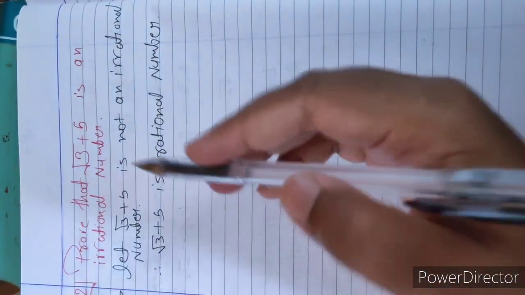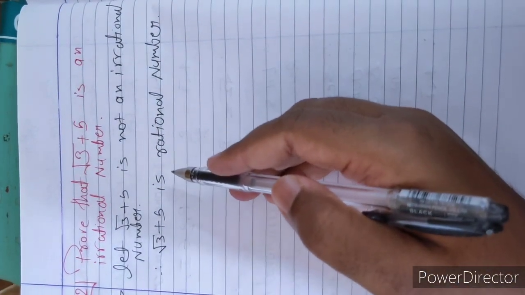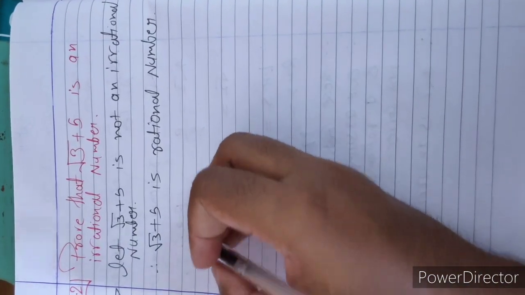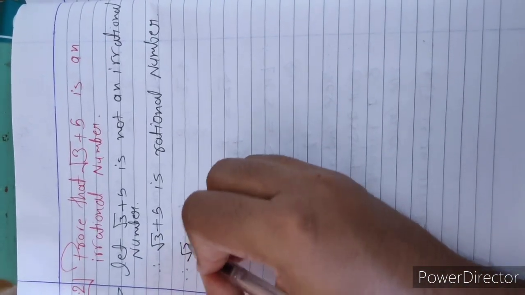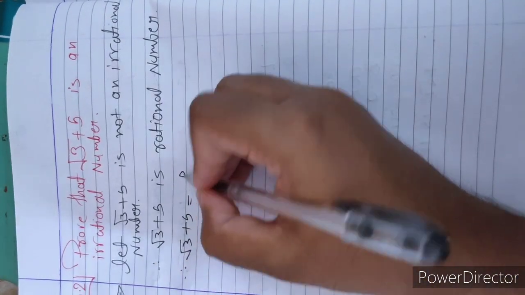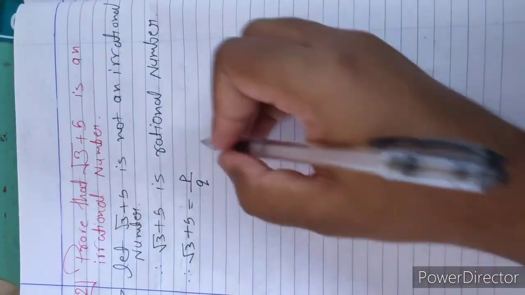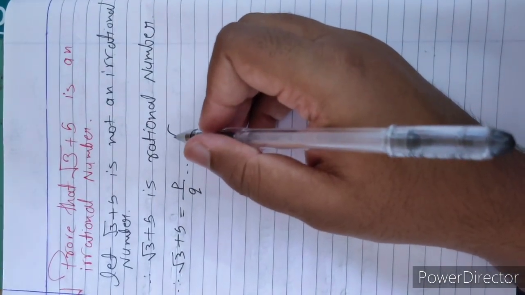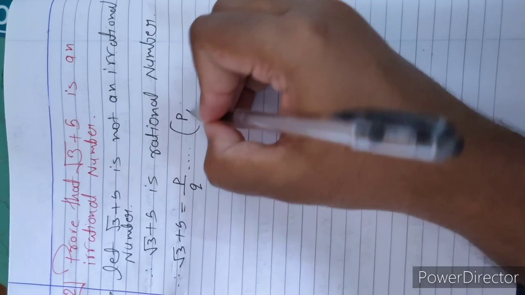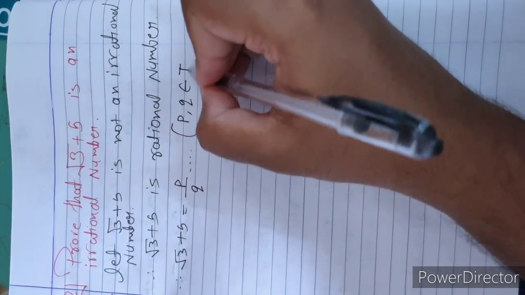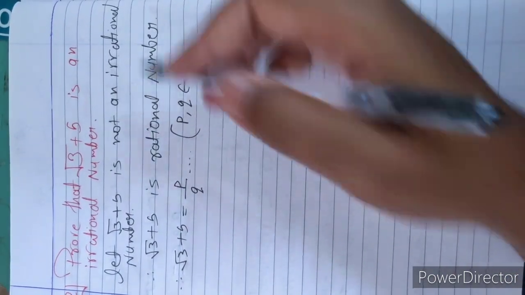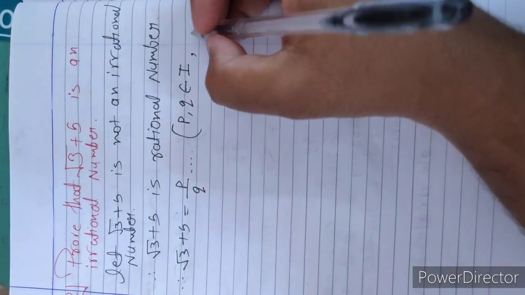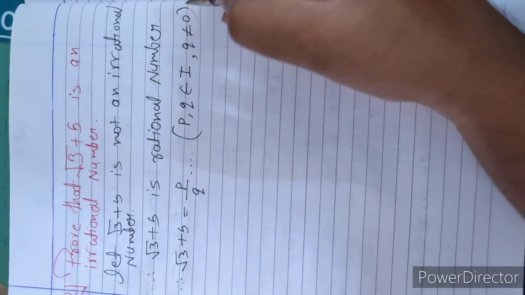If it is a rational number, then a rational number is shown by p by q. So we will write that root 3 plus 5 is equal to p by q, where p and q both belong to I, meaning integers, and q is not equal to 0.